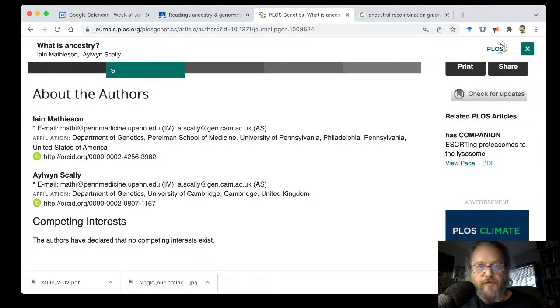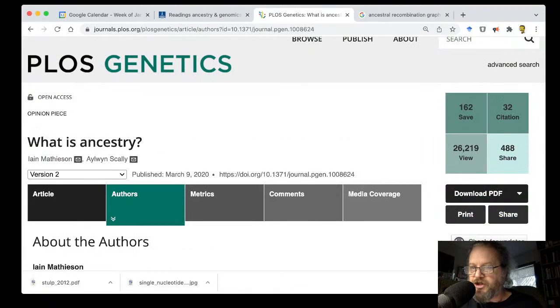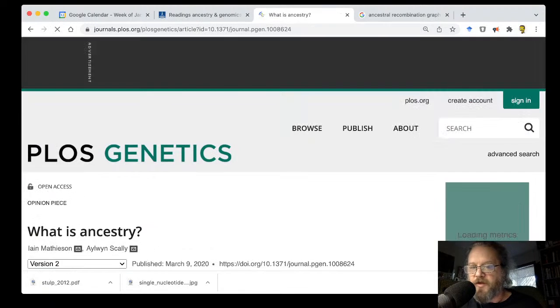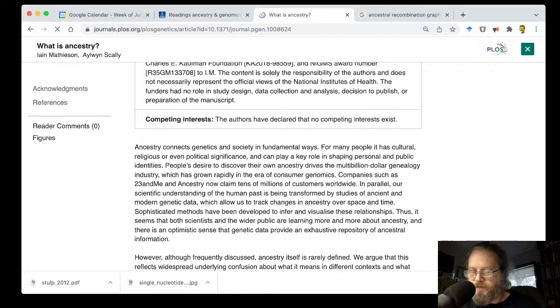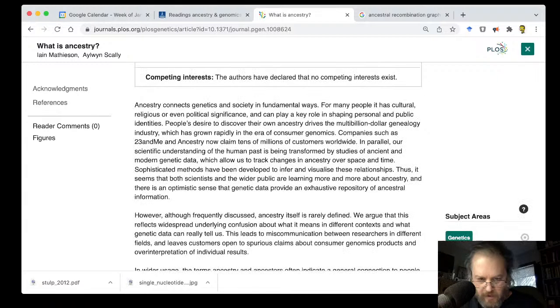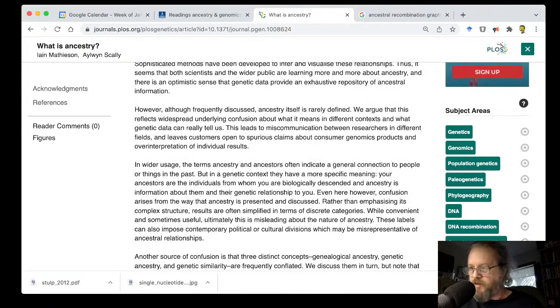But what we're going to get from them, go back to the article, is a genetic definition of what they mean by ancestry. The subject headers, it's hard to figure out what their aim is. And where they're carving space out, they want to give you their definition of what ancestry means from a genetic perspective.